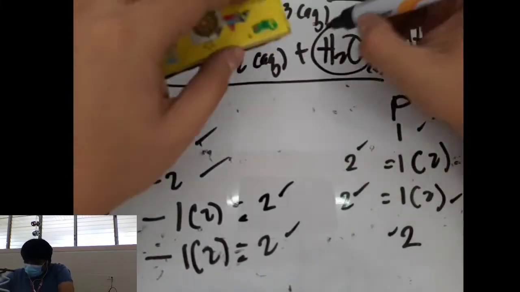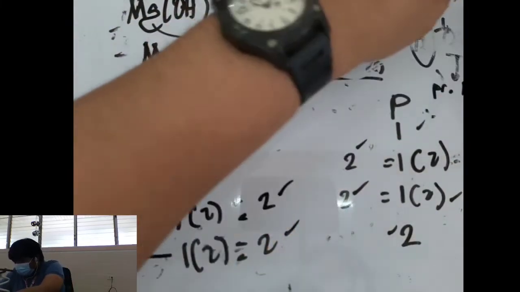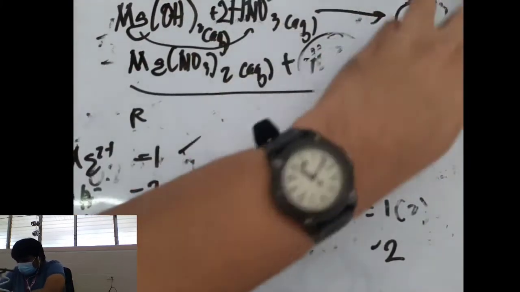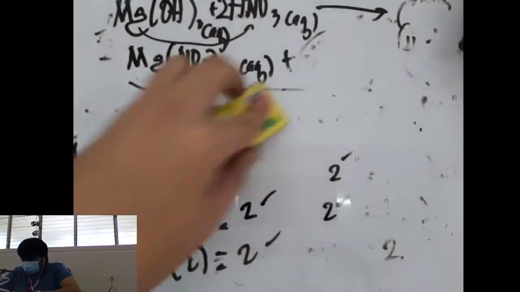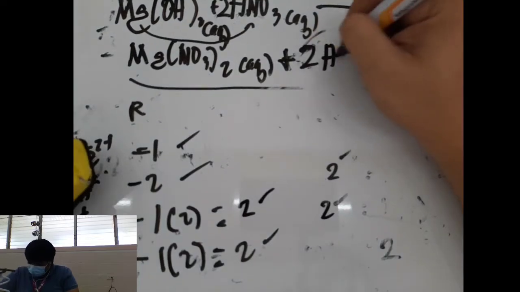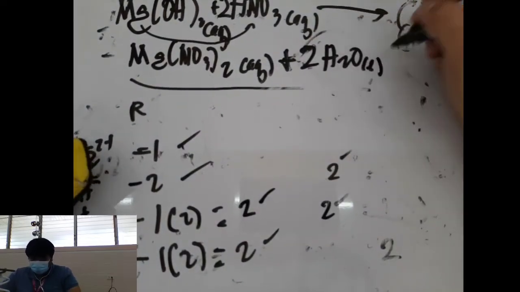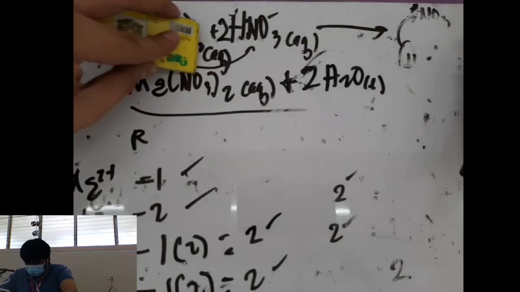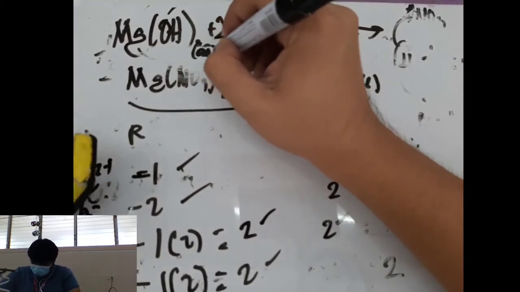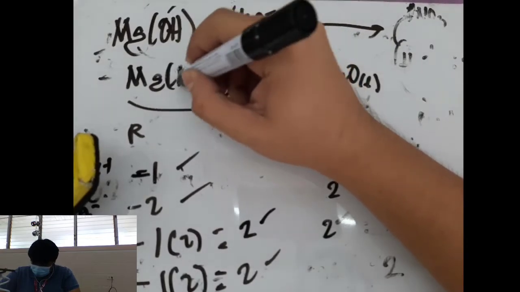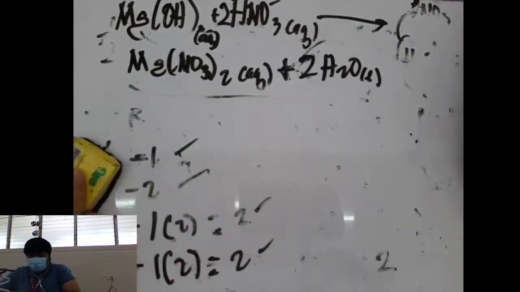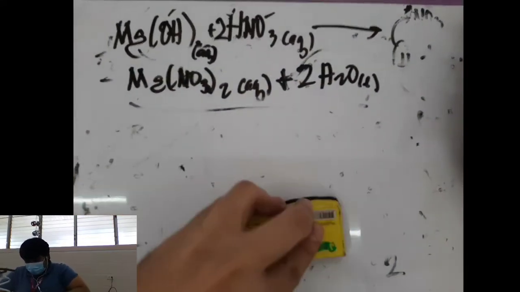We have 2 here, and this is also multiplied by 2. So that will be our balanced reaction.